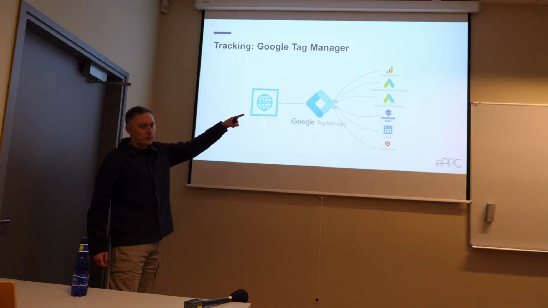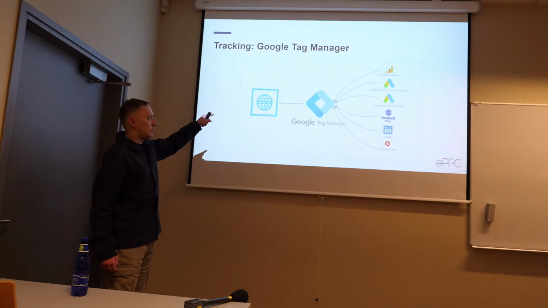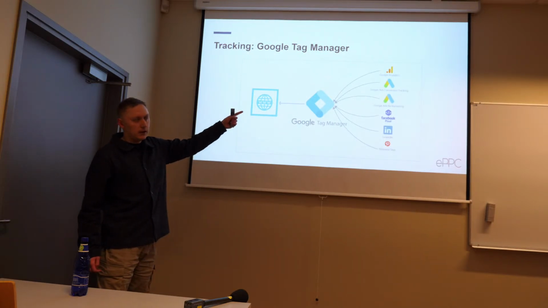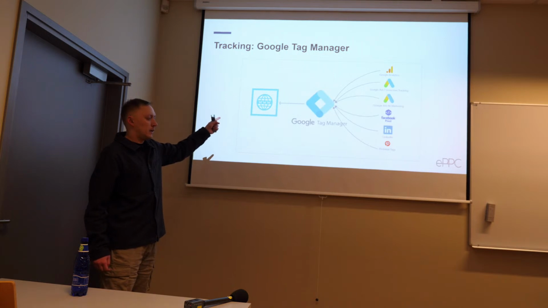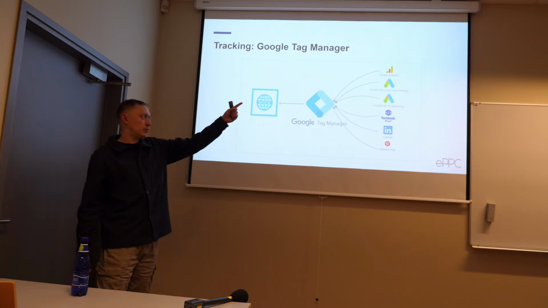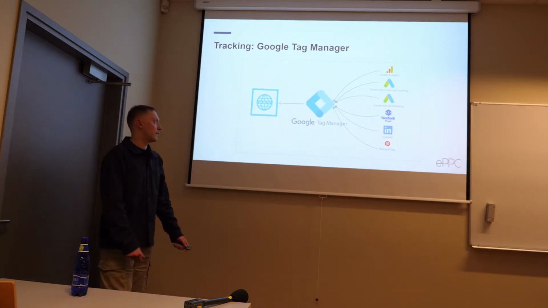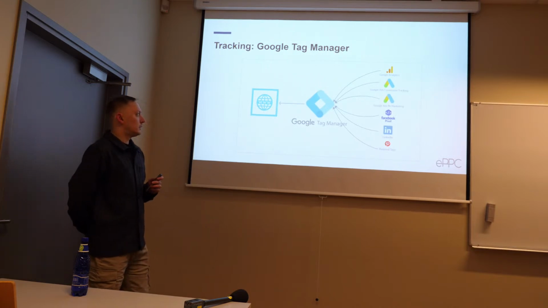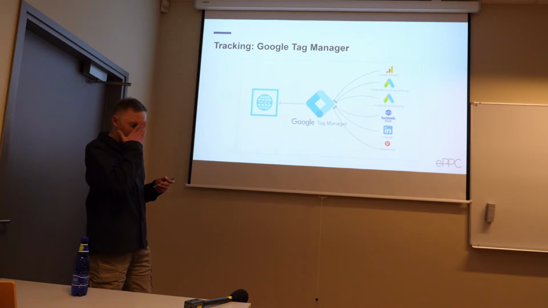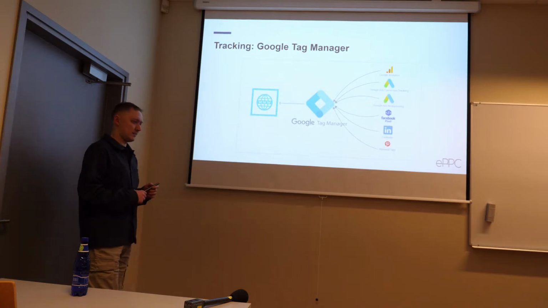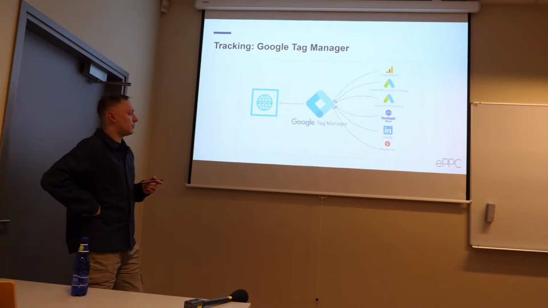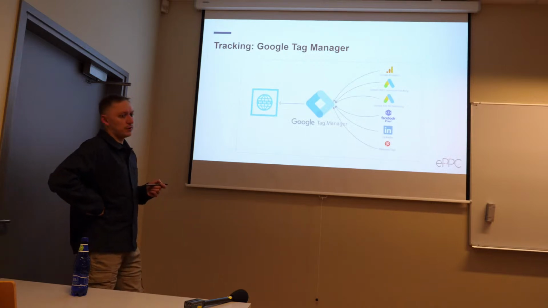A person comes from Google Ads to your site, does something, and then via the tags, the conversions, the purchases, the transactions are sent back to Google Ads. And it's the same for other platforms that you're using, whether it be Analytics or the Facebook Pixel or the LinkedIn Insight tag. The different platforms have different names for their tracking tags.